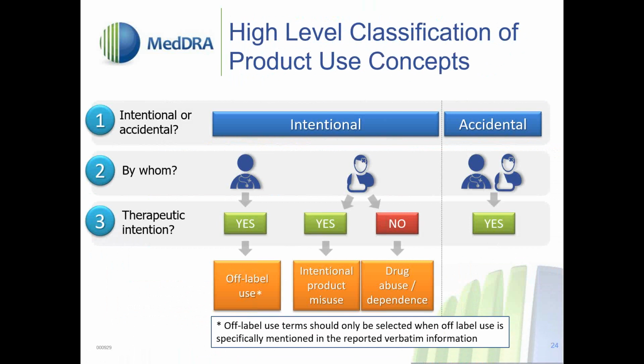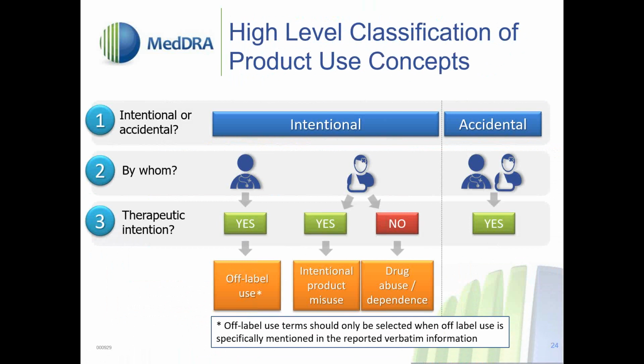You do not know the differences in the local labels, so you're not able to really take this decision. And that's why regulators are really very clear on this point, that they don't want coders to classify such events as off-label use. You could, of course, then code it to an intentional.